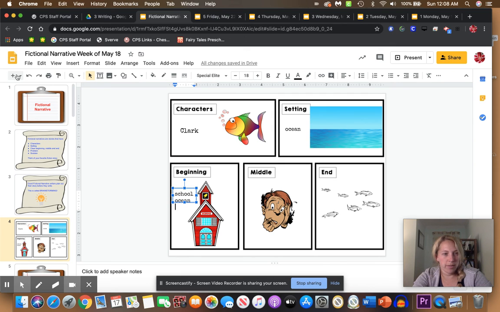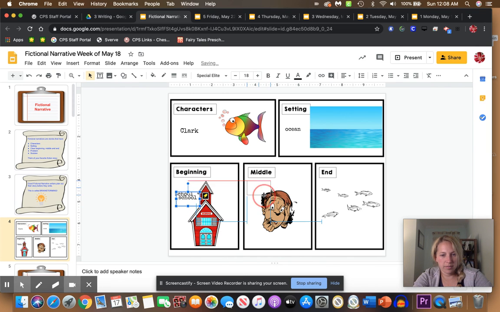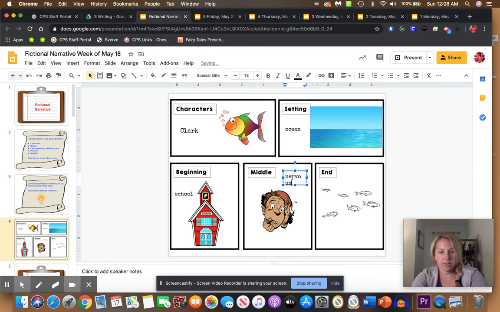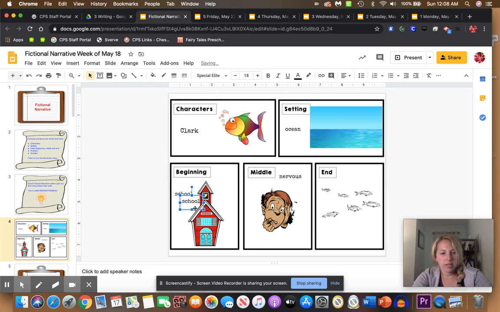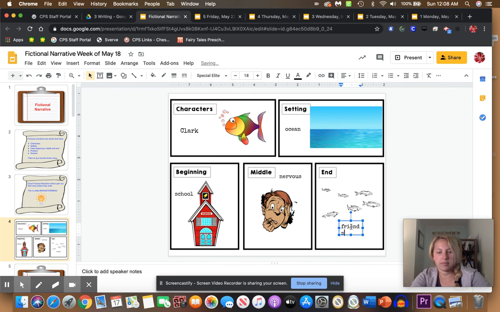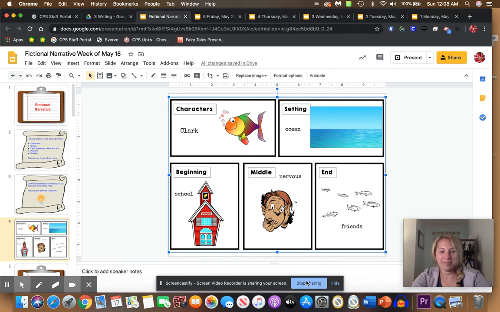Oops, undo that. So I'm not writing out my sentences. I'm just putting keywords. And let's write the word friends in this one. And now I'm all set.